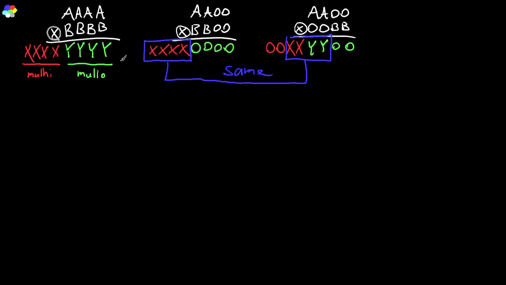Okay, so we know that if we multiply two 16-bit values together, we can use the mul low function to give us the lower 16 bits of the result, and we can use the mul high to give us the high 16 bits.